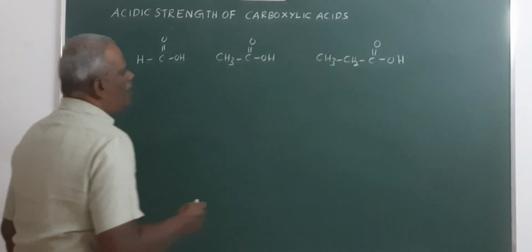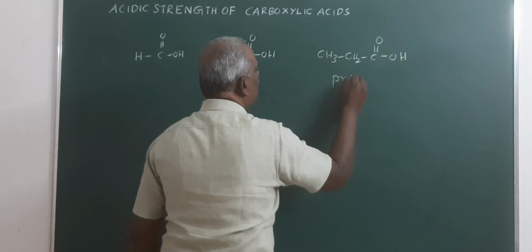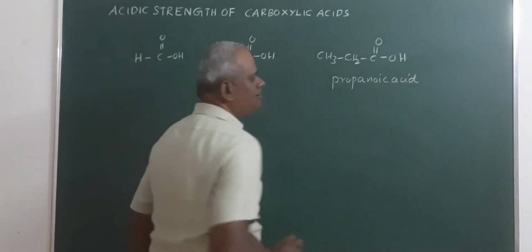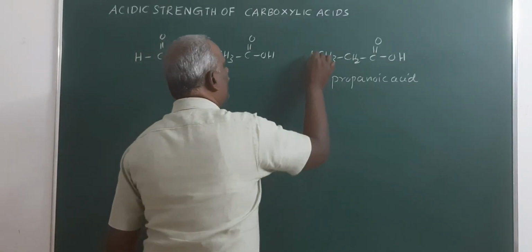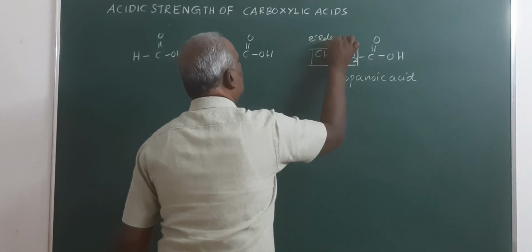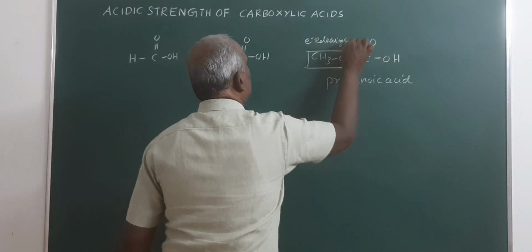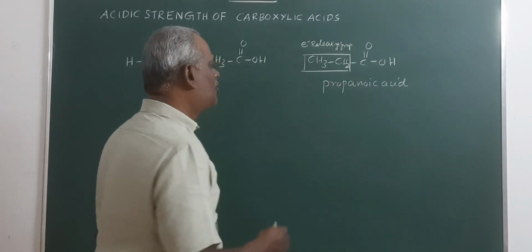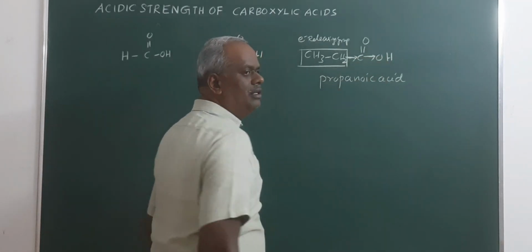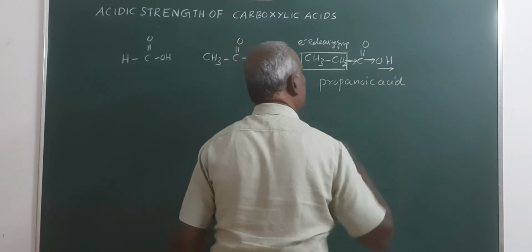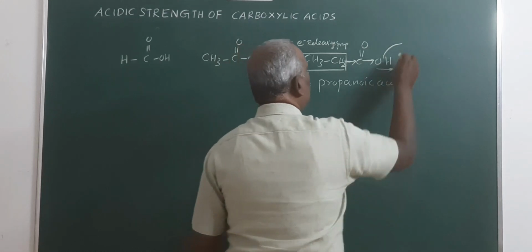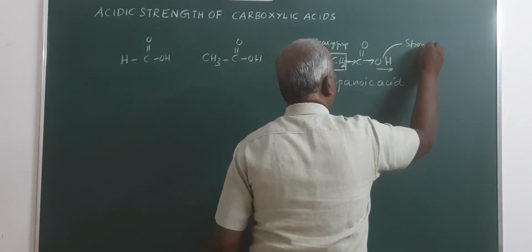Take this compound, propionic acid, where the ethyl group is an electron releasing group. It releases electrons towards the carbon atom, and carbon releases electrons towards the oxygen. Oxygen pushes electrons towards the hydrogen, so that the bond between oxygen and hydrogen becomes a stronger bond.